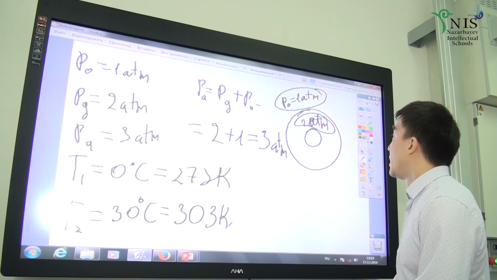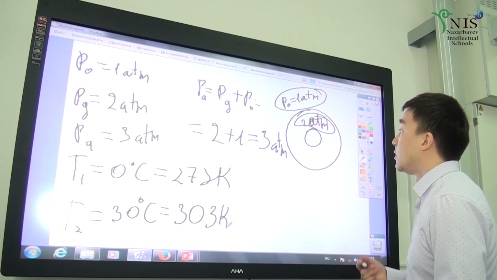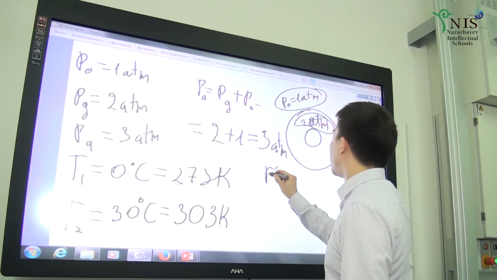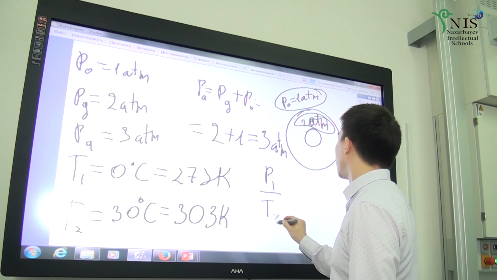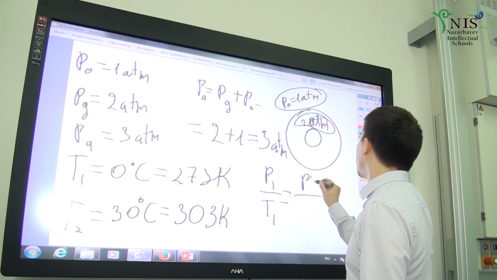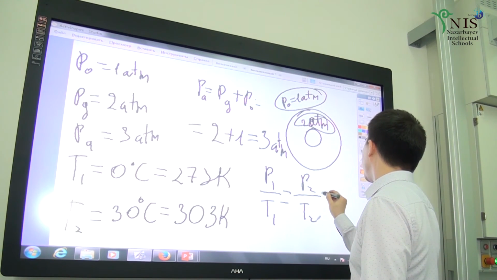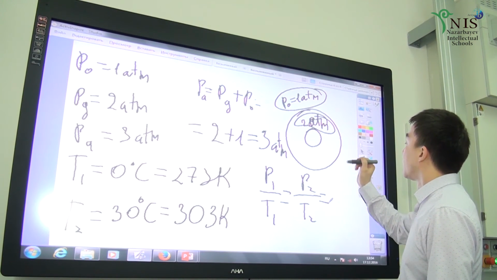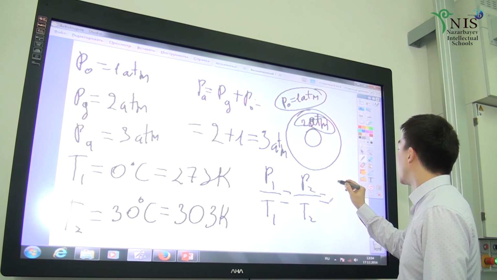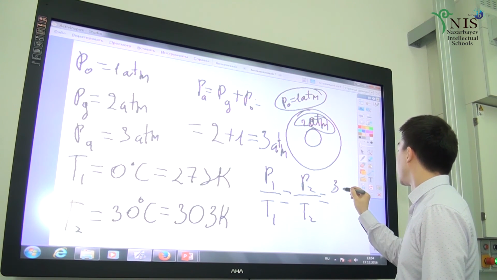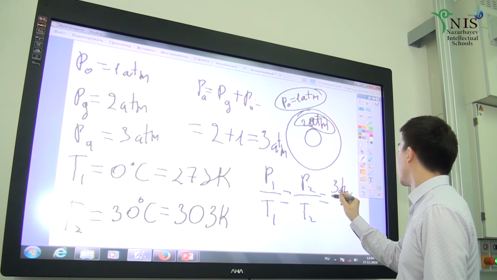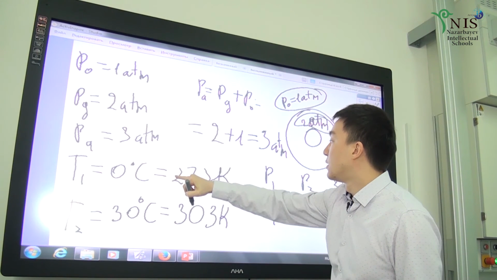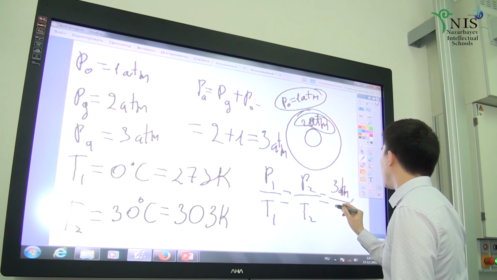So, in our case, we have a constant volume, therefore we will use the equation pressure 1 divided by temperature 1 equal to pressure 2 divided by temperature 2. So, instead of pressure 1, I can write the absolute pressure, which is equal to 3 atmospheres, divided by the temperature at 0 degrees Celsius, which is equal to 273 Kelvin.